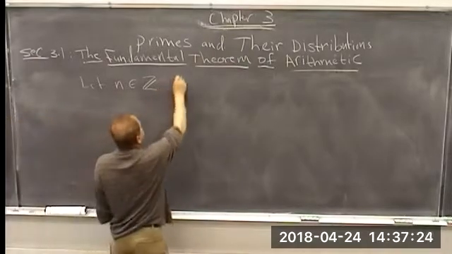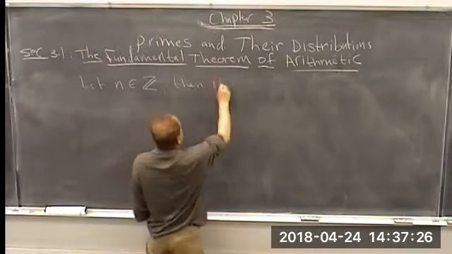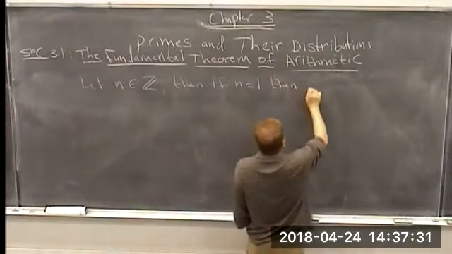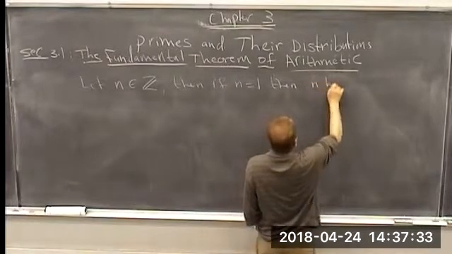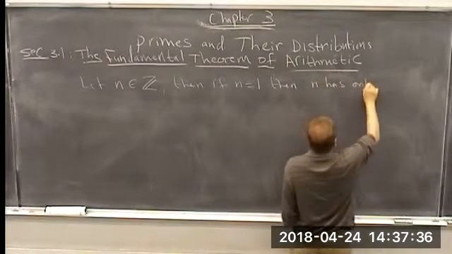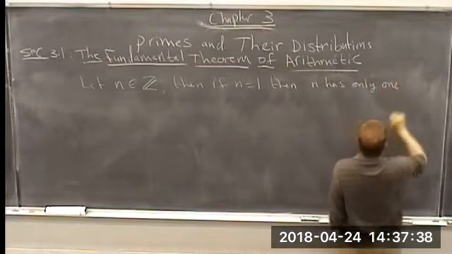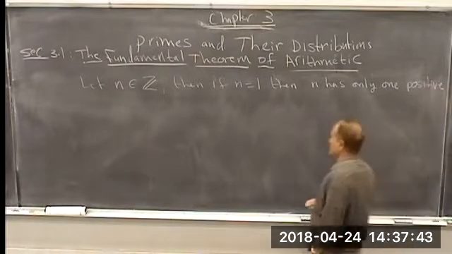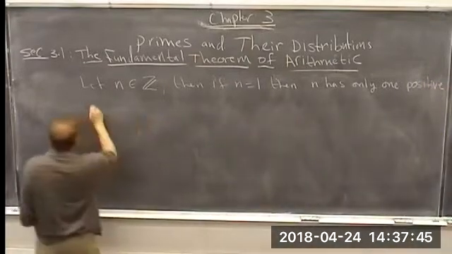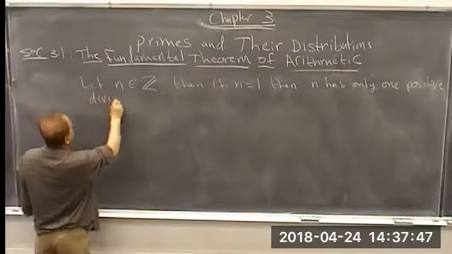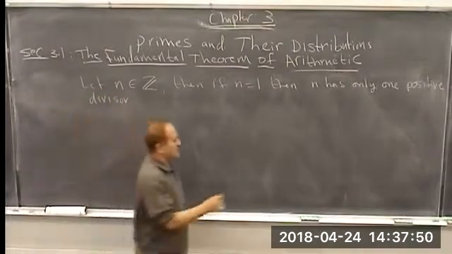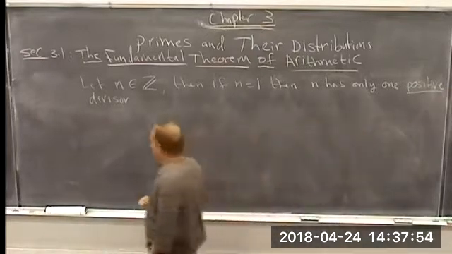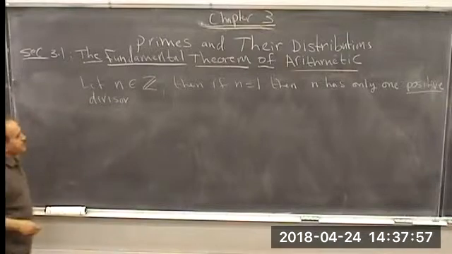Then if n equals 1, n has only one positive divisor, which is itself, of course. And here we are interested in positive divisors. Of course, it does also have -1 as a divisor.